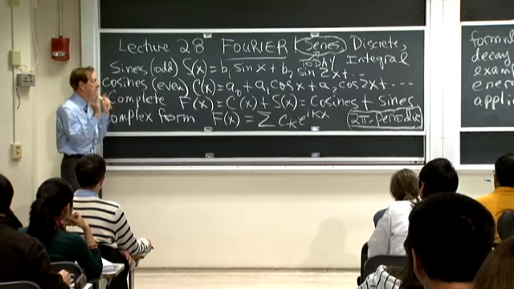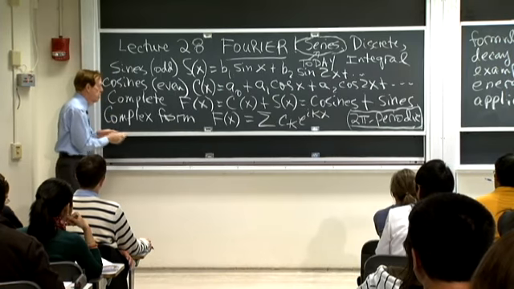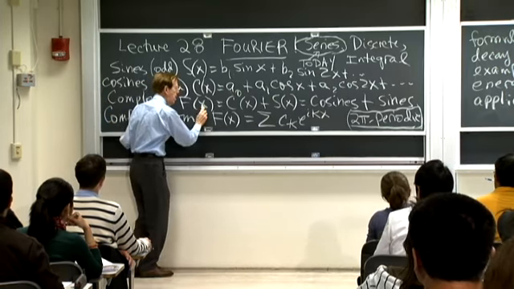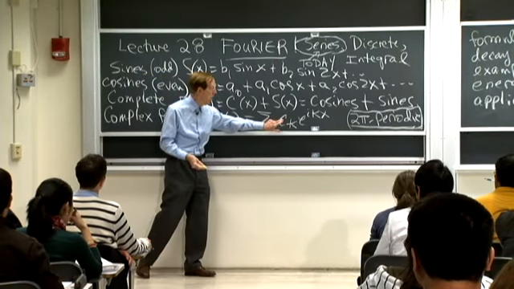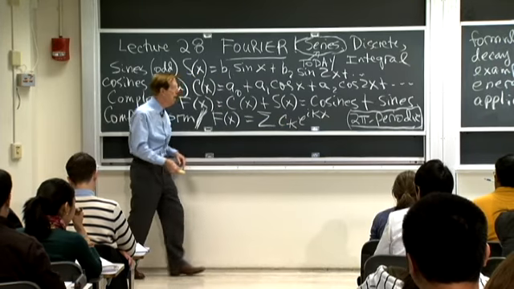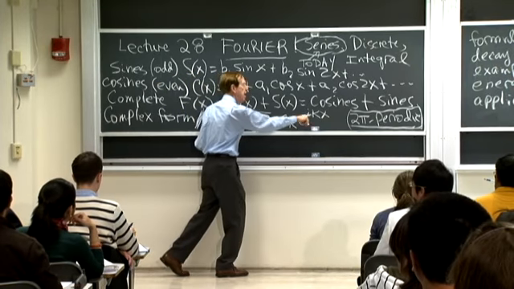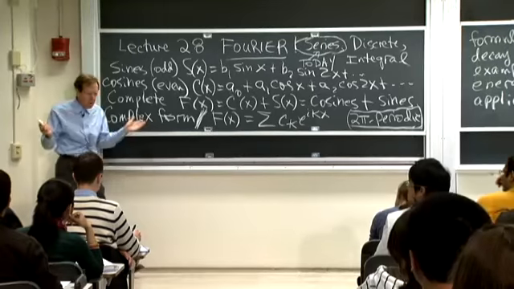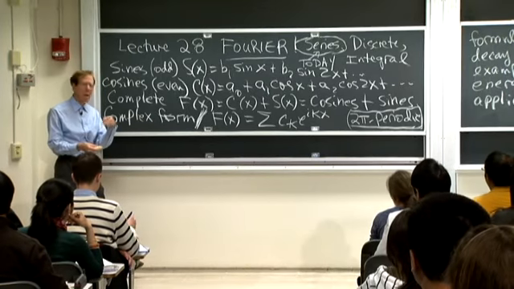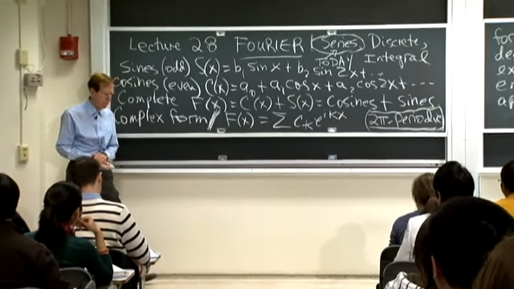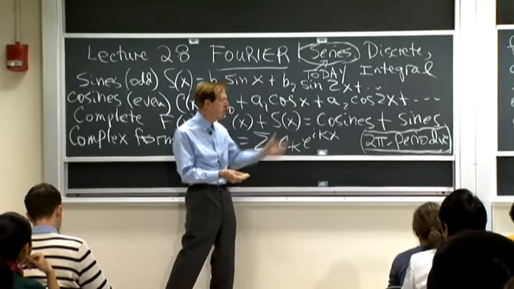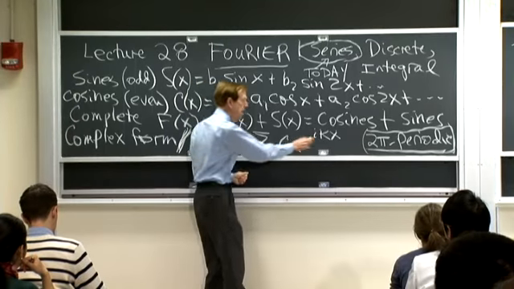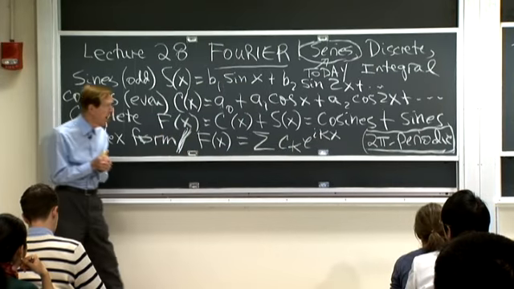It's actually nicest of all to use this final form, because there's just one kind of term, and I'll call its coefficient c_k, and now they multiply e to the ikx. We may be more familiar with sine kx and cosine kx, but everybody knows e to the ikx is a combination of them.